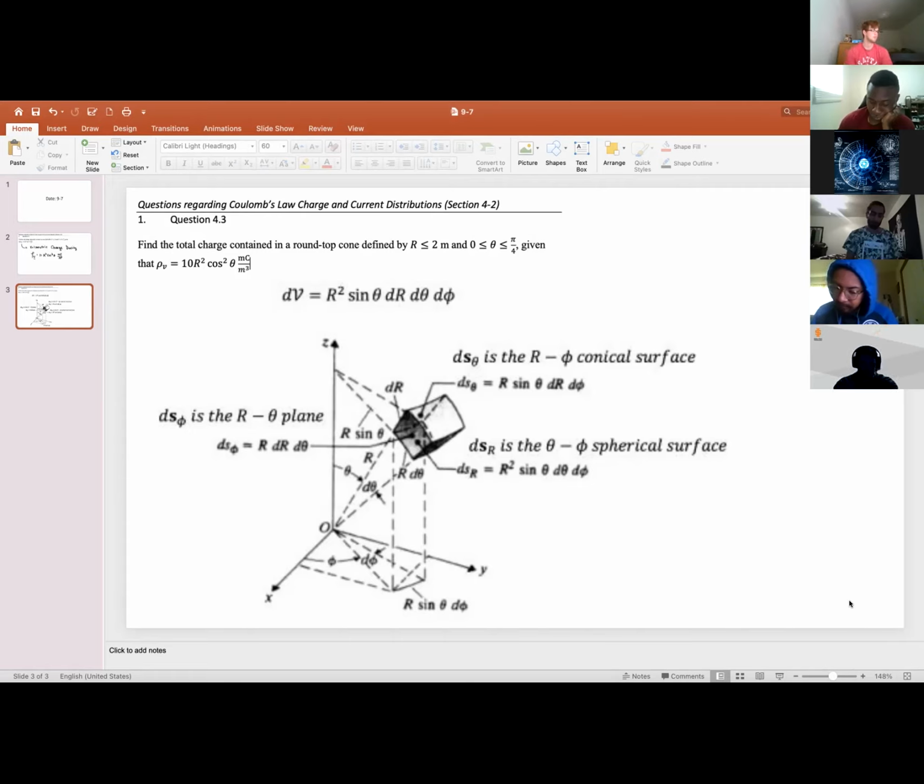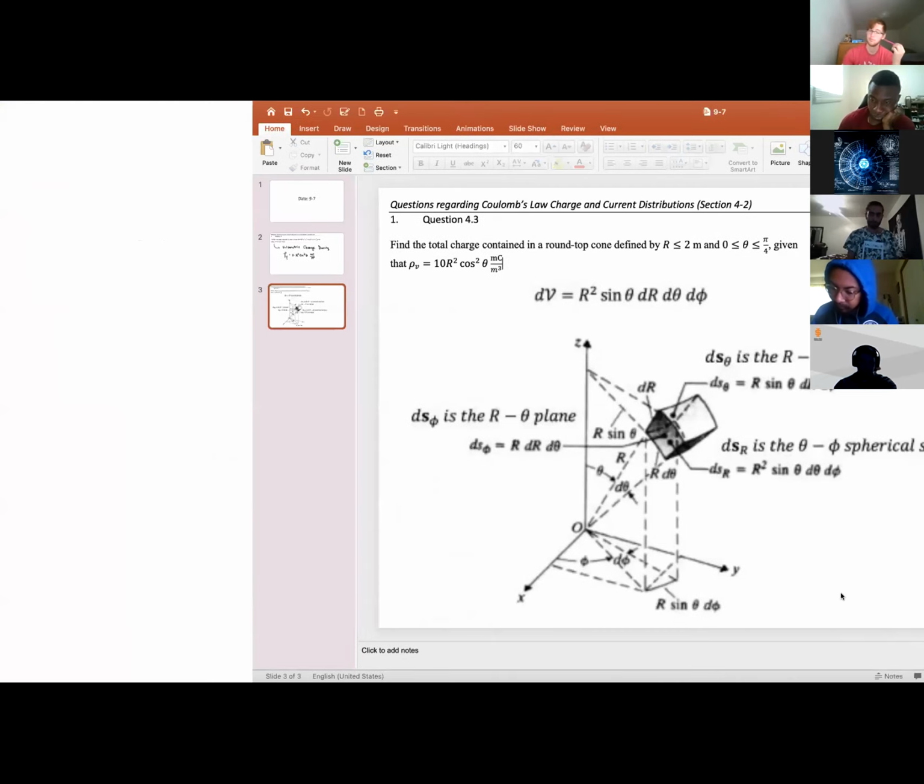Okay, who has a sketch of the round top cone, or who could describe this round top cone? Let's see here.